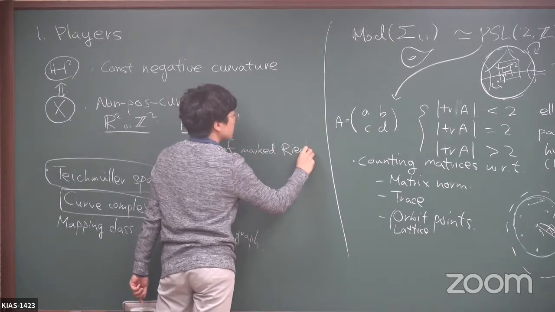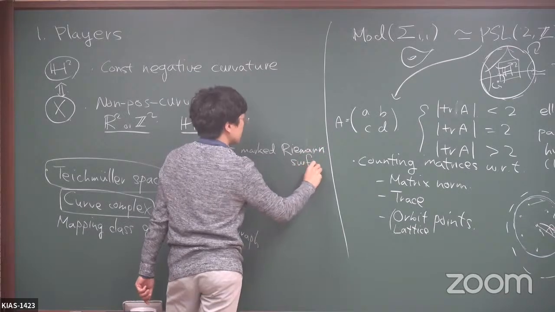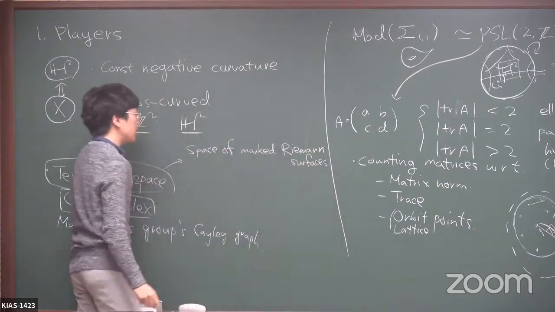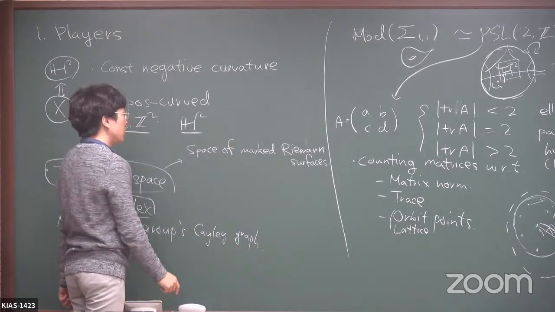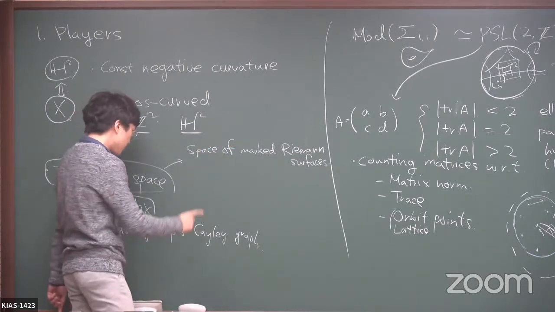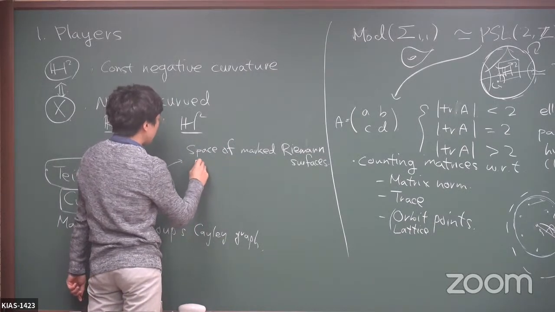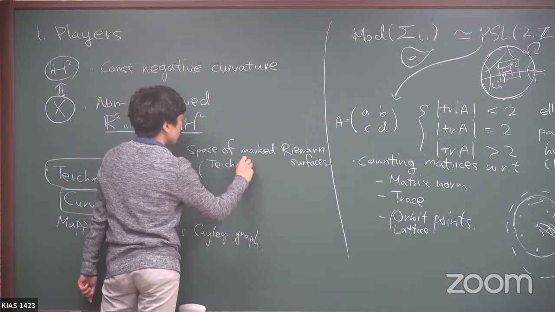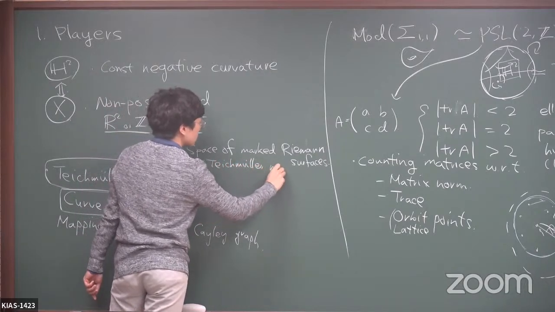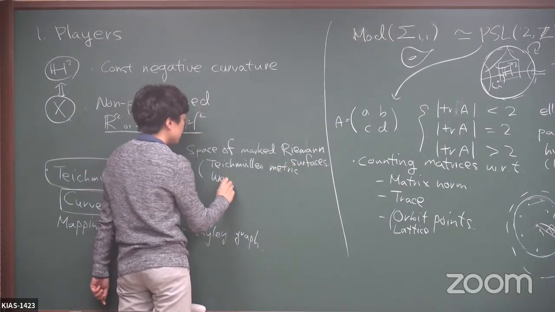So if you apply a mapping class action, then it amounts to changing the marking, but keeping the moduli the same. And this space is equipped with either a Teichmüller metric or Weil-Petersson metric.